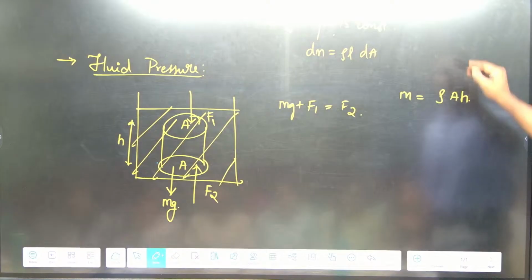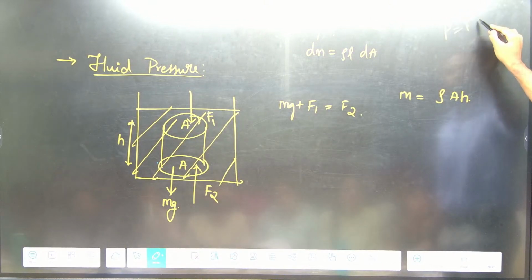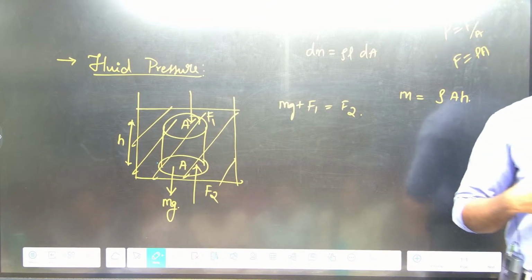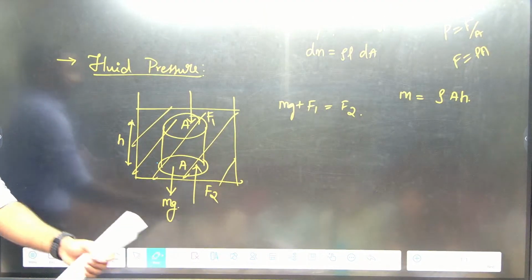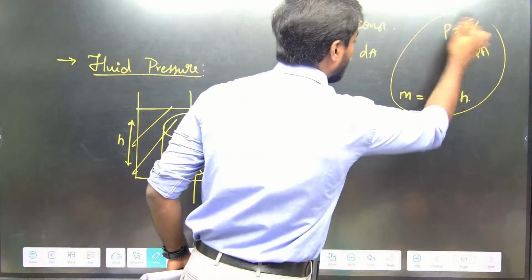So what is the formula for pressure? Can I write force is nothing but pressure times area? Any doubt? Can I replace these whole terms in this equation?